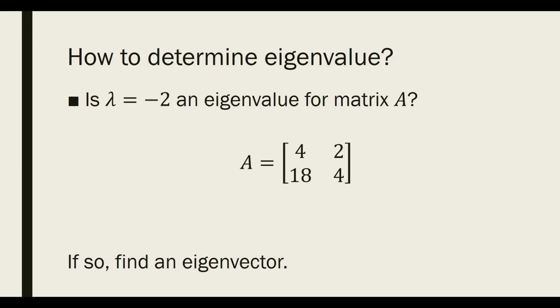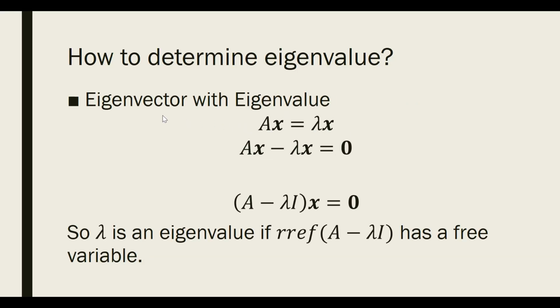Now this one's a little bit trickier than the last one. When we were given a vector, all we had to do was multiply A times that vector and look and see, is that a scalar multiple of the original vector? If I'm given a value, I have to think a little bit differently. So here's what we do.